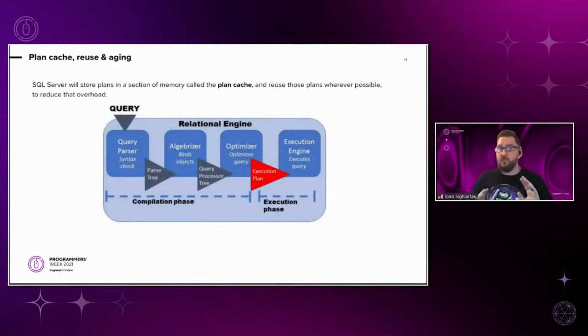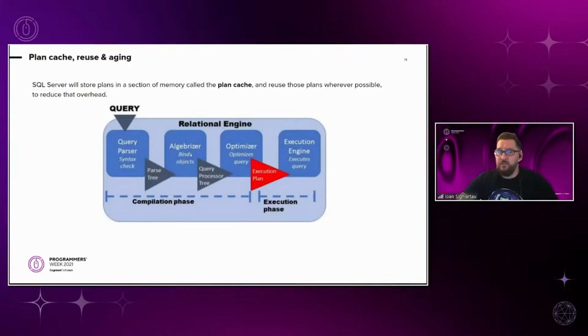But in some cases, when the queries are more complex, the optimizer takes a little bit longer, minutes or even more. So it's important to store that execution plan once it has been created. And SQL Server will store it in a section of the memory called the plan cache. And it will try to reuse that plan wherever it is possible to reduce the overhead.